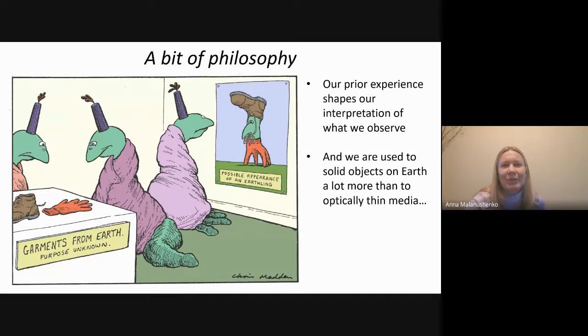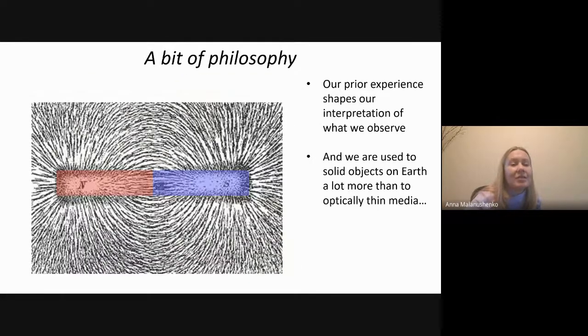We're a lot less used to dealing with optically thin media. I mean, some analogies are perhaps puffs of smoke, maybe. But that's about it. Most of the time we're used to objects like metal shavings and Bohr magnets. And our interpretation of what we see on the sun may be shaped by what we are used to perceiving on Earth.